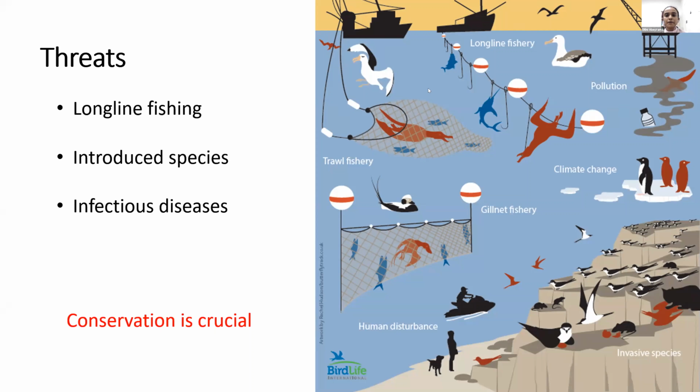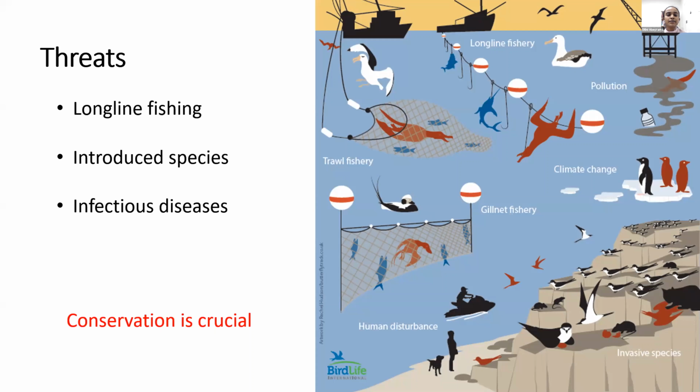As we can see in the figure, there are different kinds of fishing happening around the world, and ultimately most of the seabirds follow these vessels to catch food easily, and they get caught in the hooks and get drawn in the sea and end up dying.